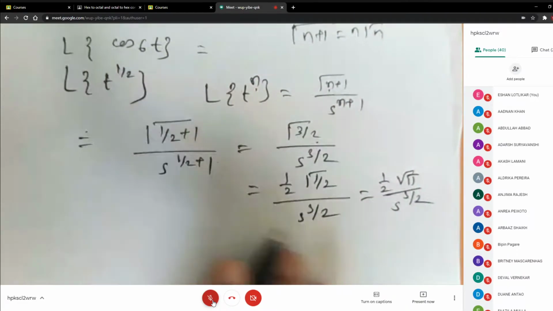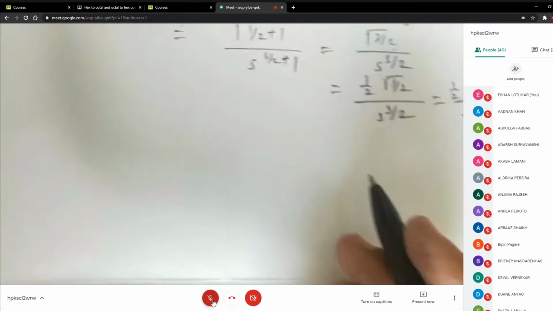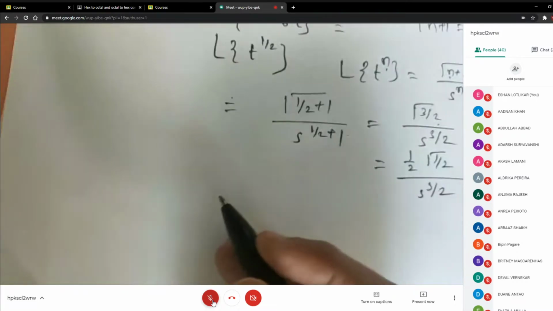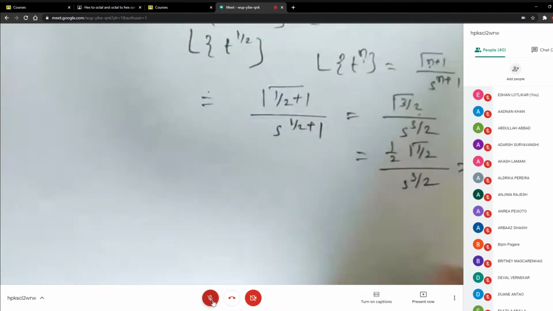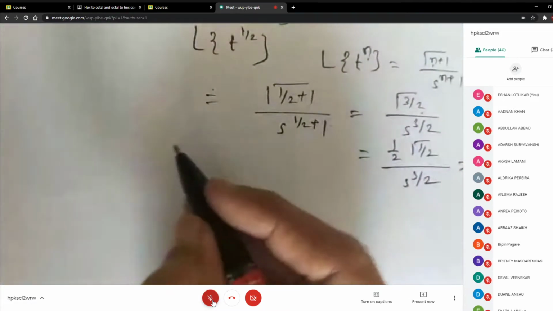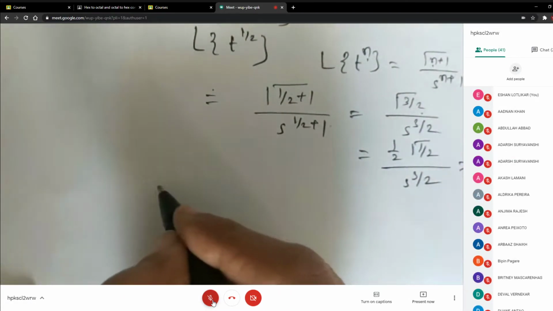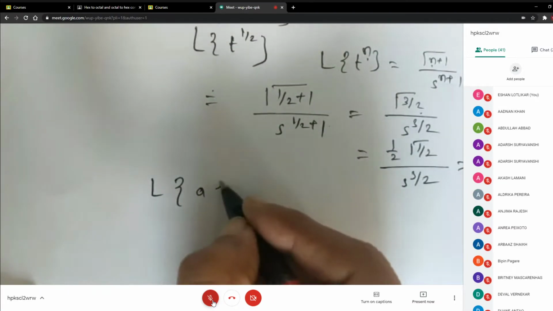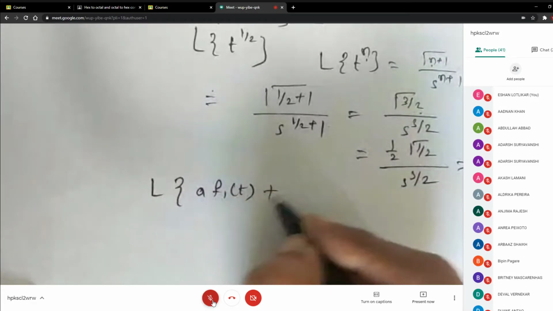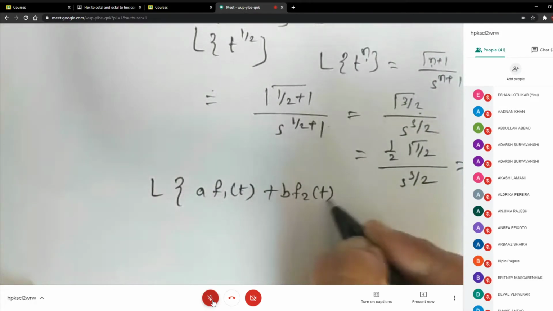Now see, there is something called the linearity property. What is the meaning of linearity property, which you use in your integration, differentiation, everywhere? Suppose you are finding Laplace of a into f1 of t plus b into f2 of t.